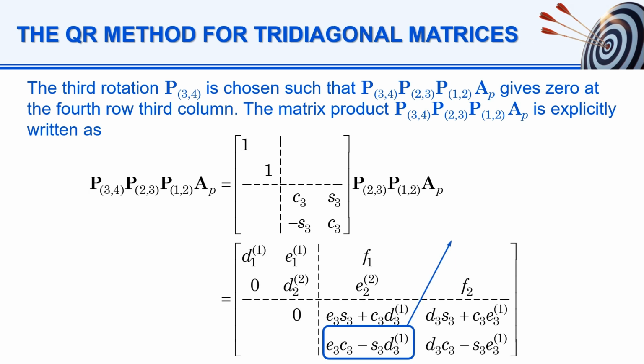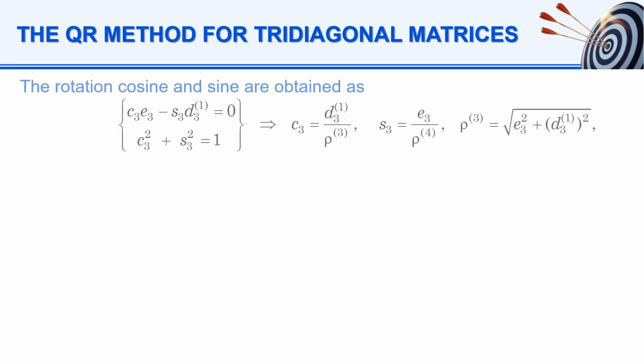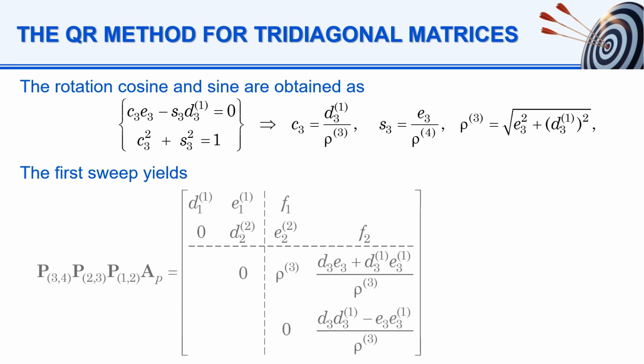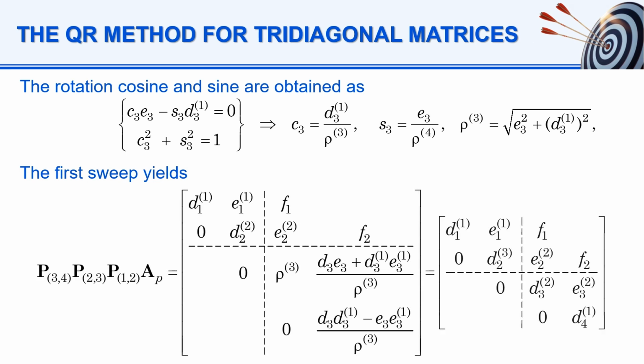We set the fourth row, third column element to 0, and we have C3 squared plus S3 squared equals 1. Solving the two equations for the rotation cosine and sine, we obtain the first iteration sweep yields the following. Note that the subdiagonal elements are now 0.